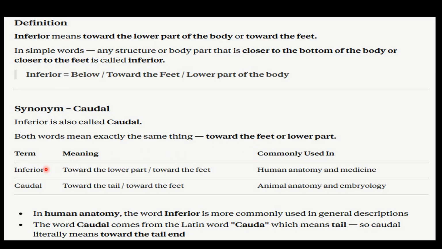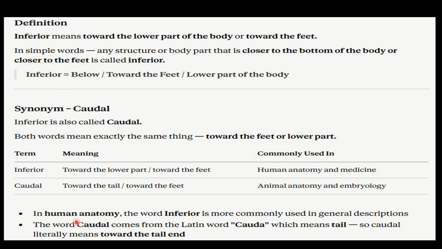The first term, inferior, meaning toward the lower part, is used mostly in human anatomy and medicine. But caudal means toward the tail, because here we are talking about animal anatomy and embryology. In animal anatomy, the lower part of the body is the tail, so toward the tail, toward the feet.